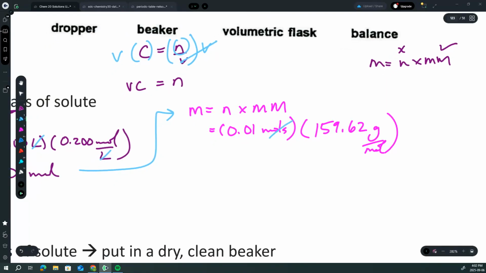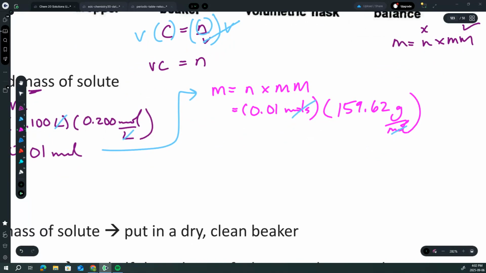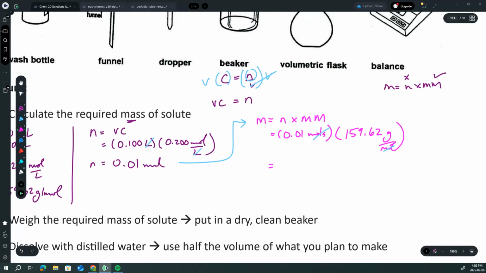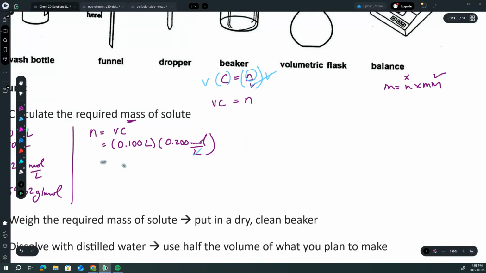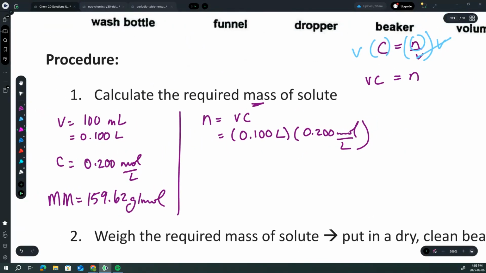Moles cancels out, and we get 0.02 moles.